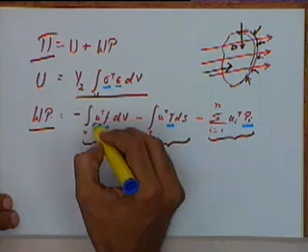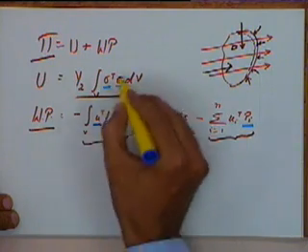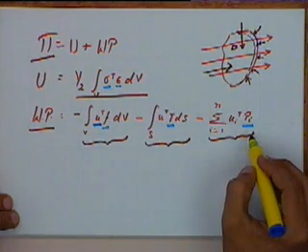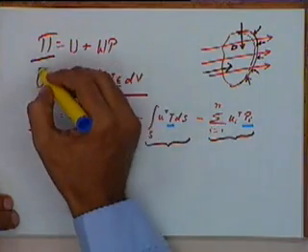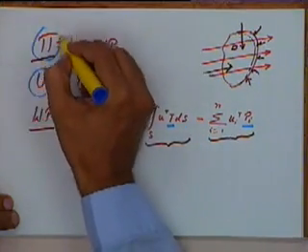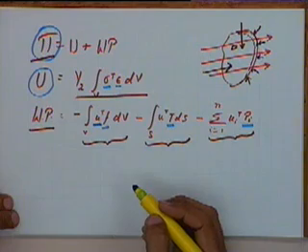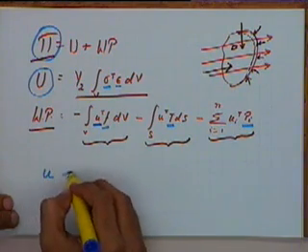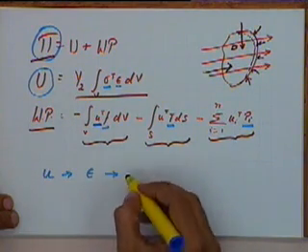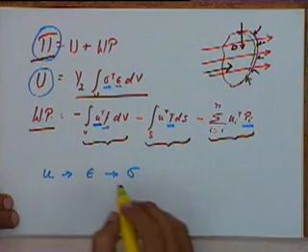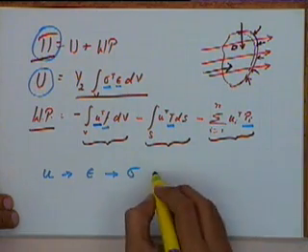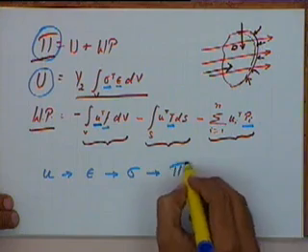So basically, if I know the deformation, I can find out all the other terms in this, and thus I can find out the total potential energy. So from U I can get epsilon, from epsilon I can get sigma, and once I know epsilon and sigma, I can get the total potential energy pi.